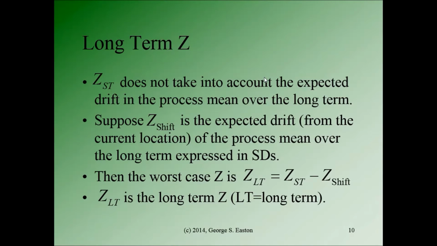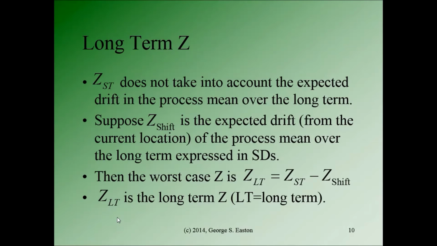Then after we take into account this Z shift for the longer term, we end up with a worst case situation where the Z in the longer term is going to be the Z in the short term minus the Z shift. So now Z sub LT is the long-term Z, and it's simply the short-term Z sub ST minus the anticipated Z shift.